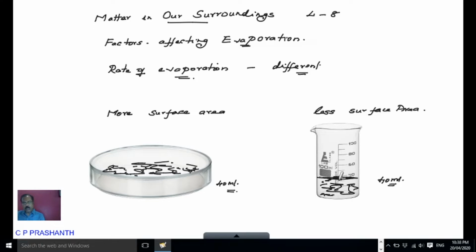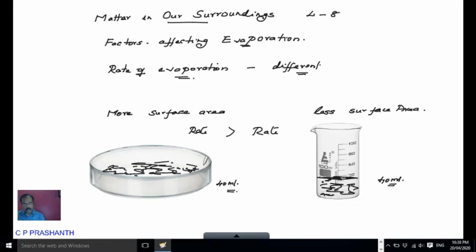In this case, water can be evaporated from a smaller surface area. So obviously the rate of evaporation is more here. Rate of evaporation will be more here than in this case. This is more, this is less.